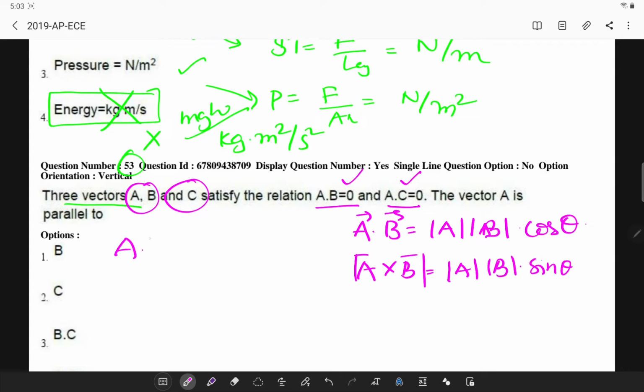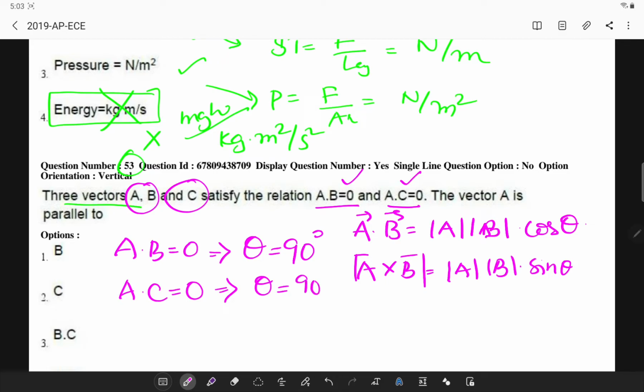Here it is given a dot b is 0, which means the angle between these two vectors is 90 degrees. Similarly, a dot c is 0, which means the angle between a and c is 90 degrees.